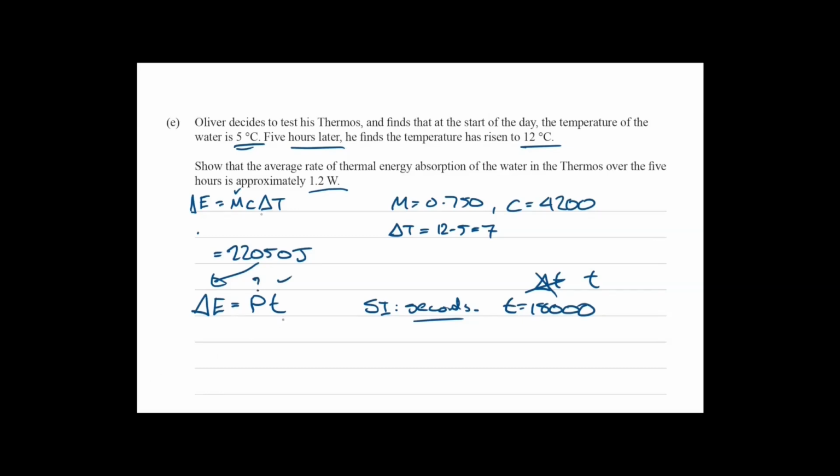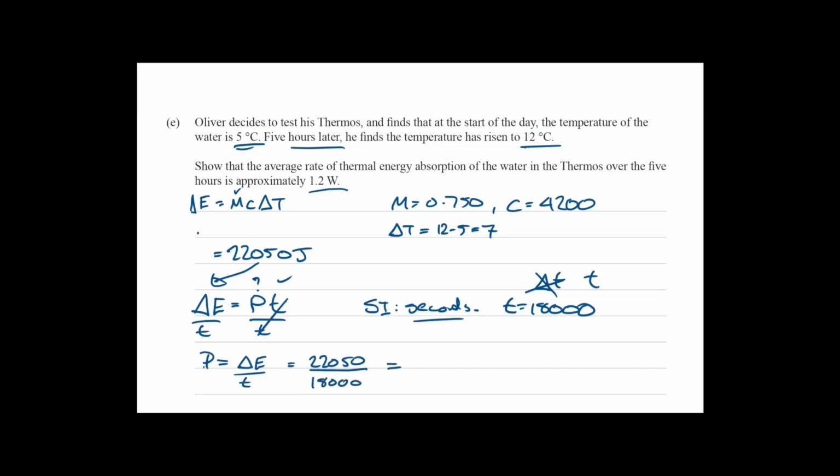So let's just do the algebra first before we put the numbers in. We're going to divide both sides by t. They're going to cancel. So the power, the average power, is going to be the change in energy divided by the time it takes. And that's going to be 22,050 joules divided by 18,000 seconds.